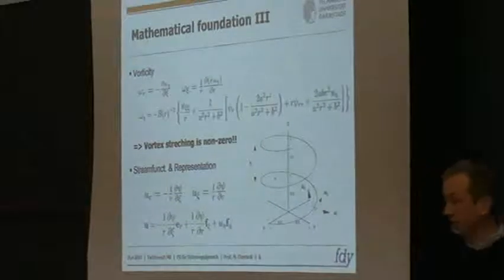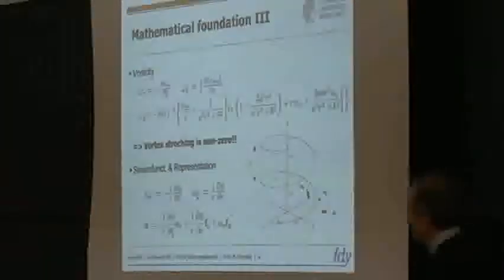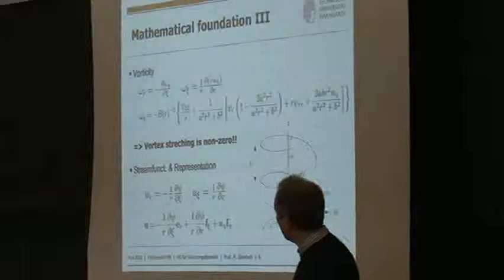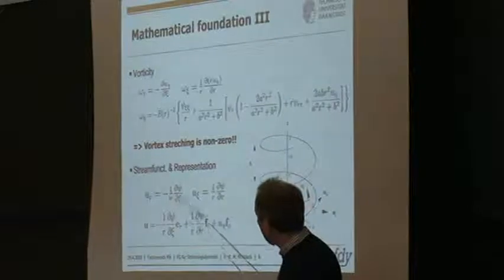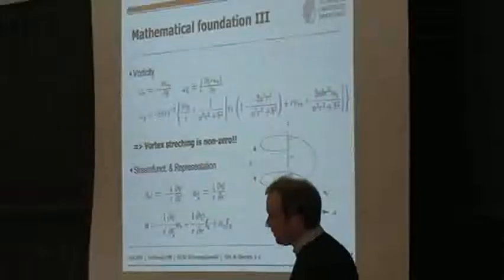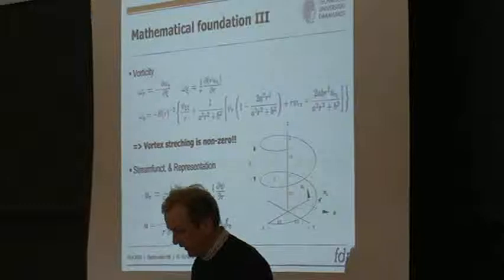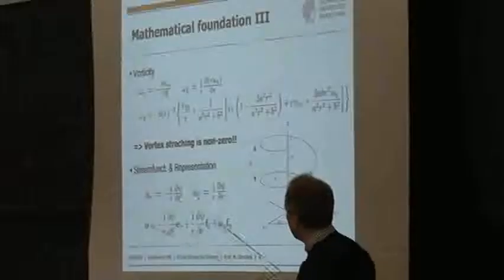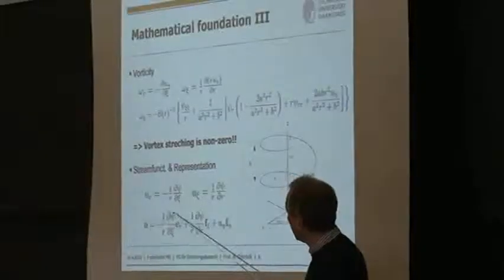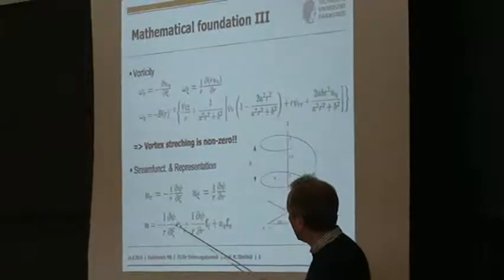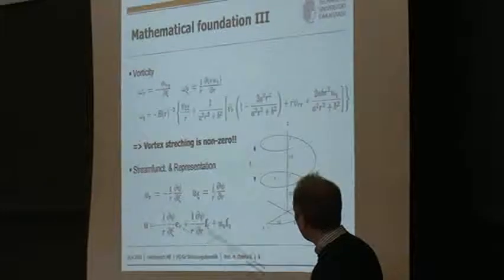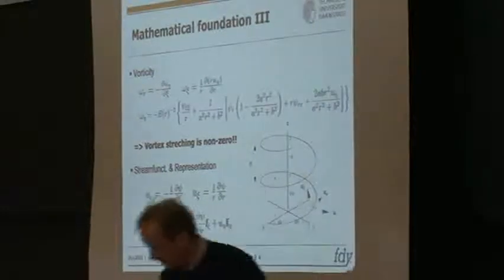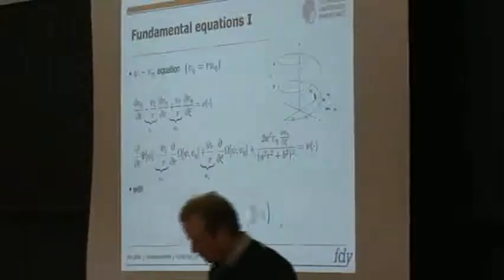It's a line integral. So it's an inherently non-local quantity. If you have u given and you want to compute psi, you have to do that. And at the same time, of course, the velocity vector is given according to these coordinates.